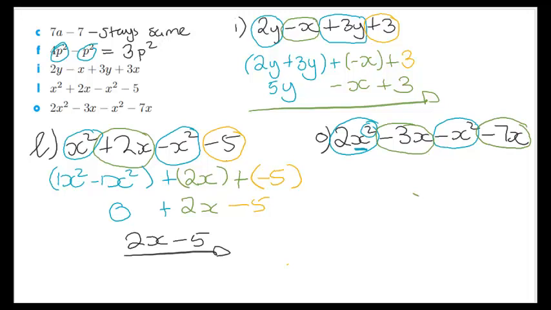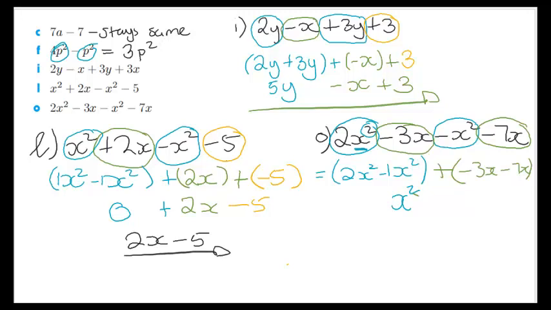Now I'm grouping them. So this is going to be equal to 2x squared minus 1x squared. I'm also going to add the green ones, which is going to be negative 3x, negative 7x. And now I calculate. 2x squared minus 1x squared is going to be equal to 2 minus 1, which is 1.